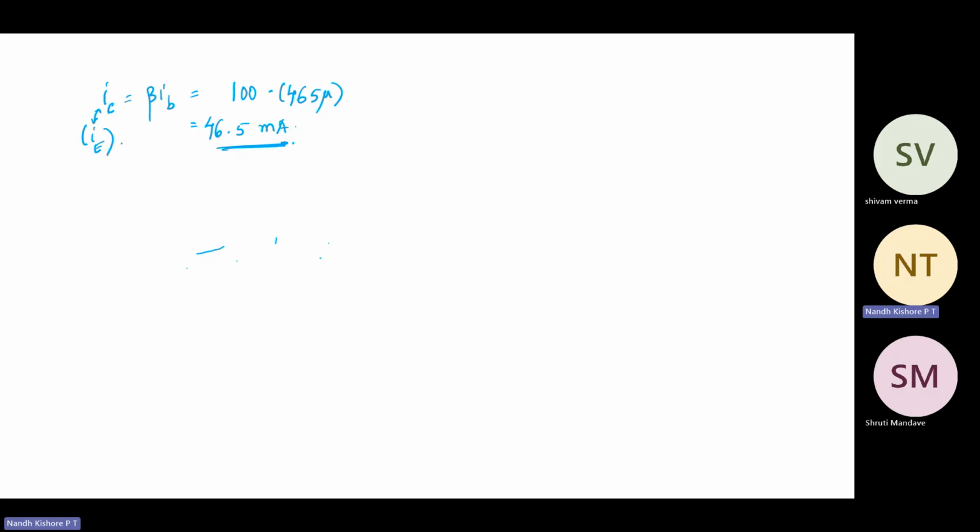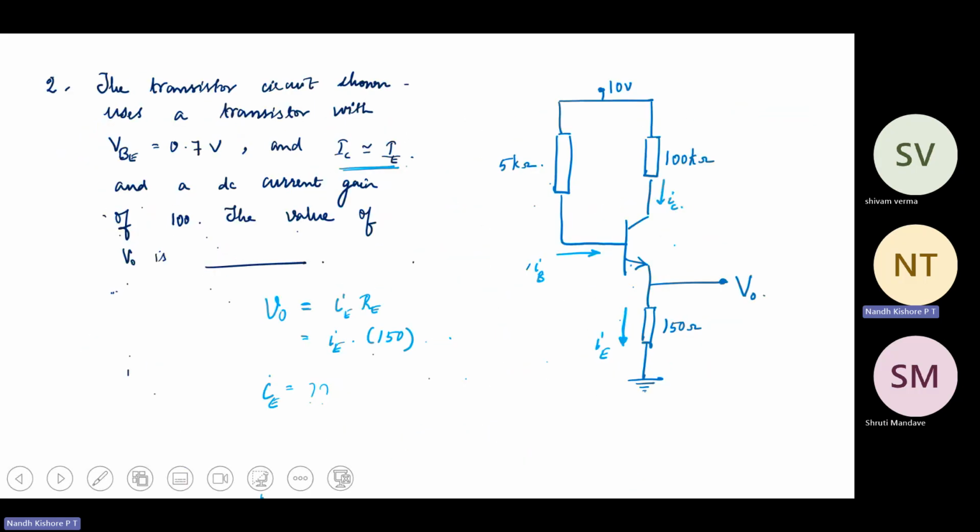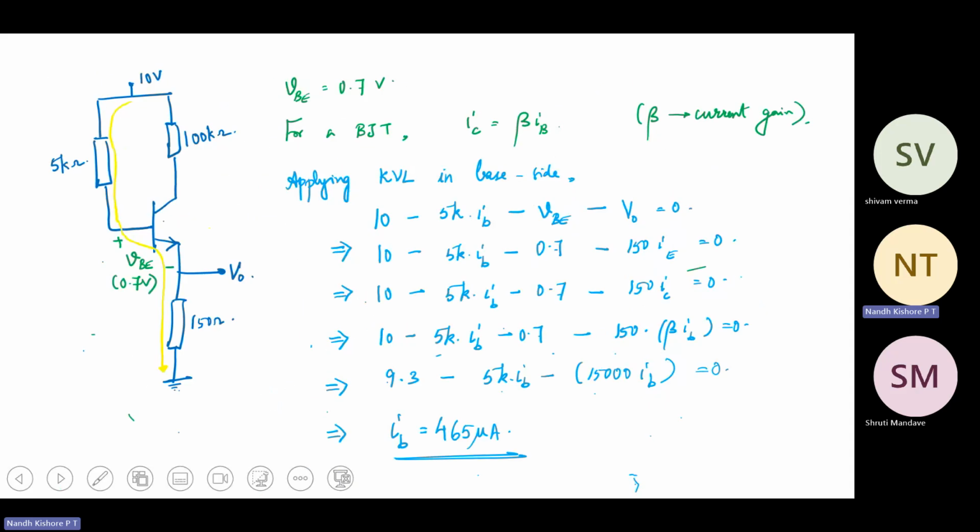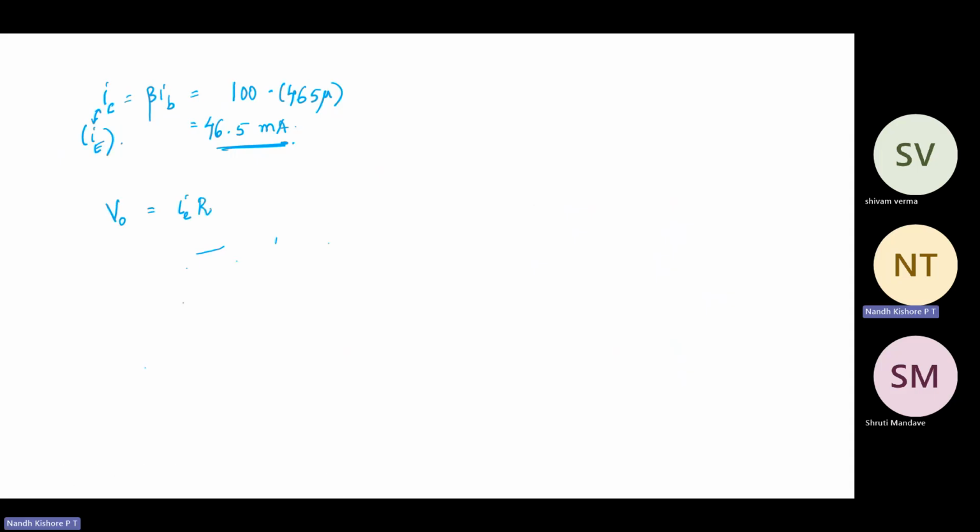So what is your V naught now? Output voltage. V naught is basically IERE. We saw this is the drop across the resistor, IERE. So that is 150 into IE, that is 150 into 46.5 milli, which you will be getting as 6.975 volts.